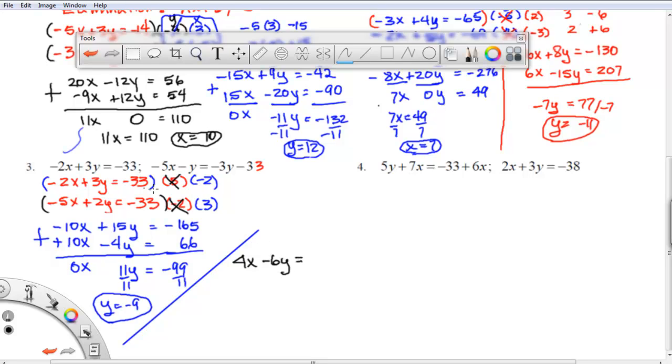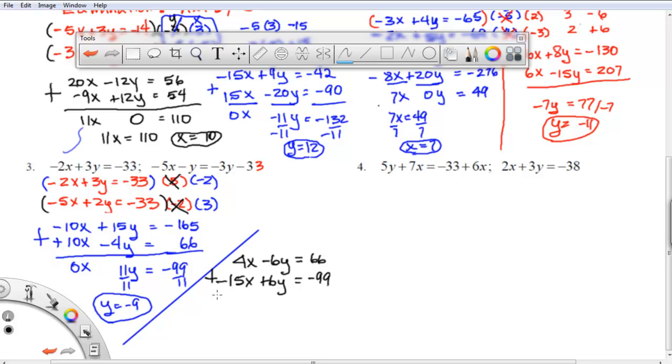And negative 2 times a negative 33 is a positive 66. And now we're going to do this one down here. 3 times a negative 5 is a negative 15x. And 3 times a positive 2 is a positive 6y. Now do you see the y's are going to drop out and allow me to solve for my x's. 3 times a negative 33 is a negative 99.